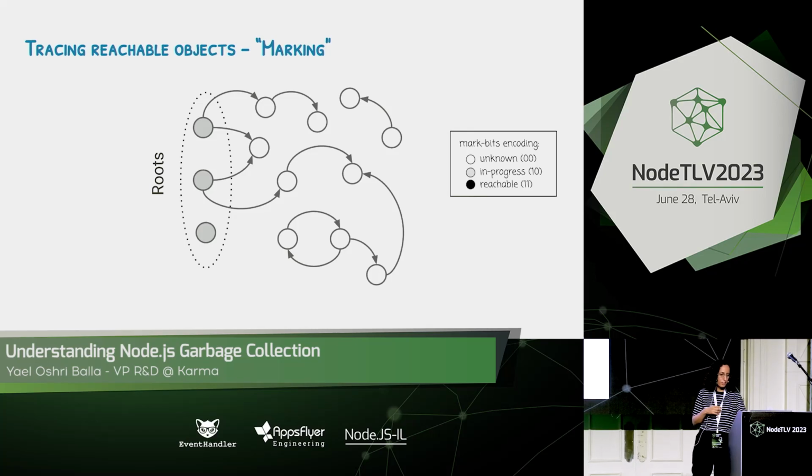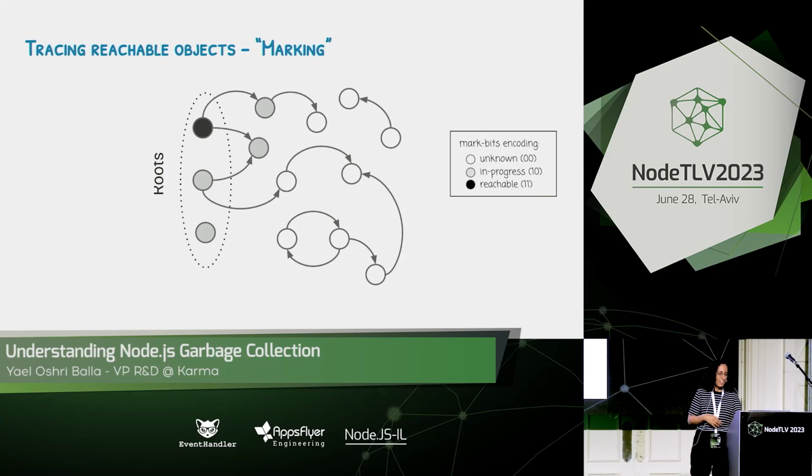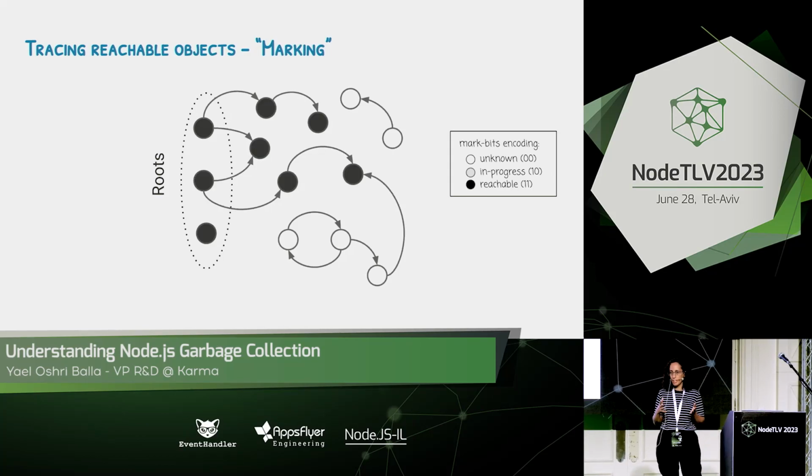And every gray object becomes black when the collector pops it from the marking work list, visiting all its children, and adding them to the marking work list as well. And then eventually all the objects become black, and everything that is white, it means that we don't need it anymore. It is not reachable, and all the black objects are the live objects, and this is what we want to keep.